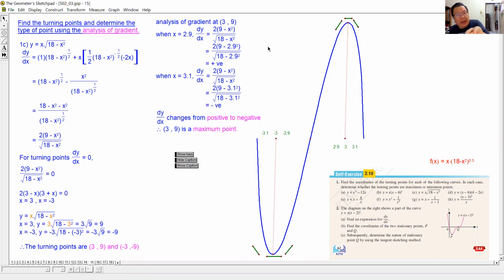If it is 3, 3 squared will be 9. But if it's 2.9, the square will definitely be less than 9. So 9 minus 2.9 squared will be a positive number. I don't have to calculate, I just say positive.